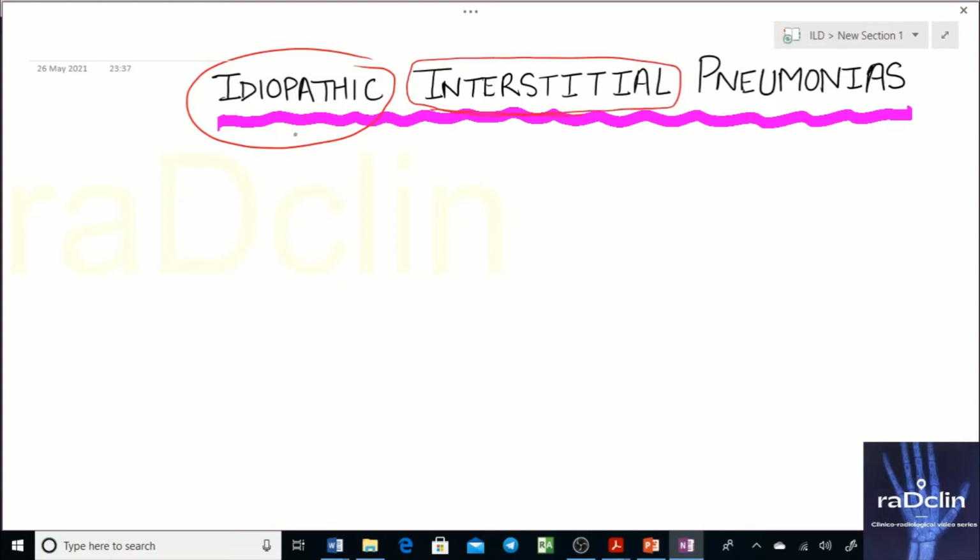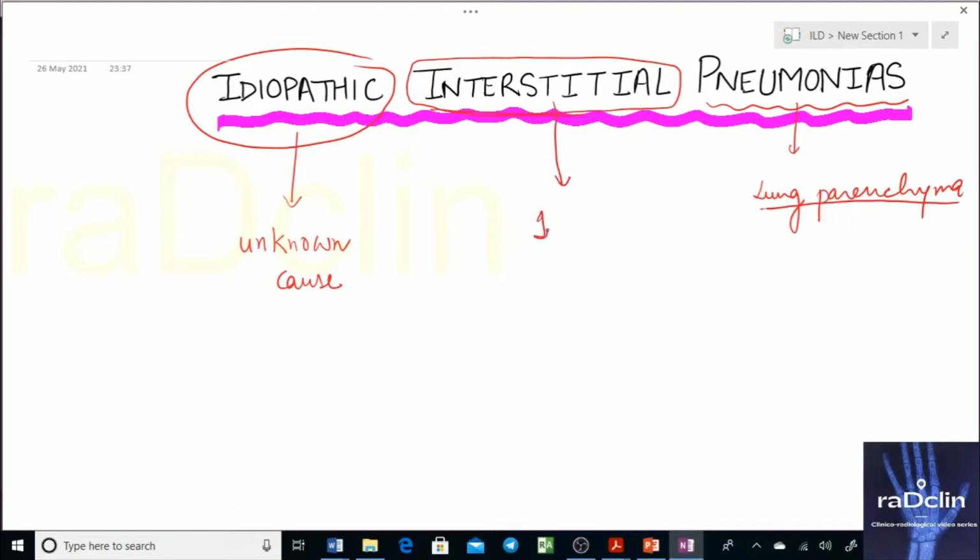Idiopathic means something that has an unknown cause, or the etiology is unknown. Pneumonia means the inflammation is in the lung parenchyma. And in the lung parenchyma, what is affected? The interstitium is affected. The interstitium of the lung parenchyma is affected. That is what idiopathic interstitial pneumonias are.